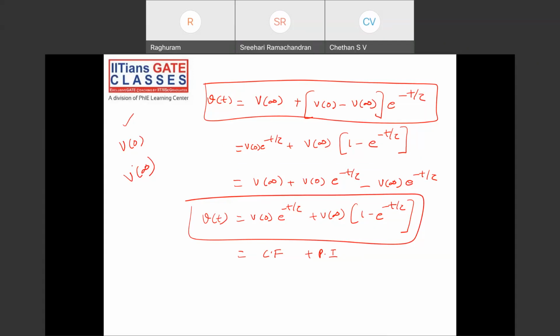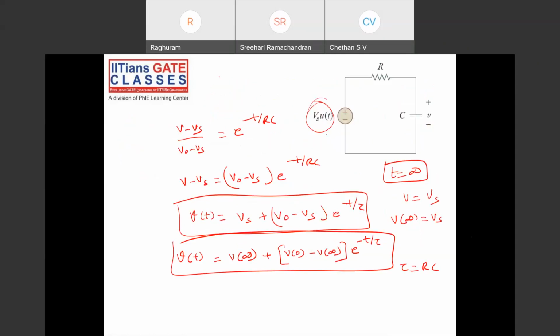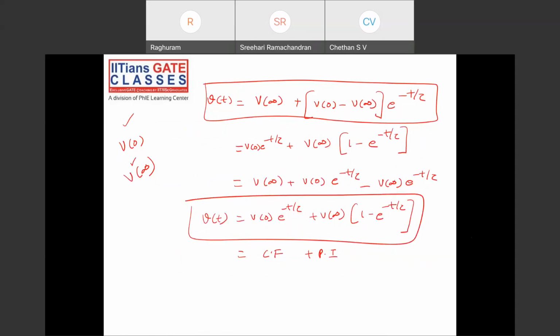V of infinity is nothing but the source voltage Vs, whatever the voltage is applied. So in the CF plus PI, this part is called natural response. Why is it called natural response?